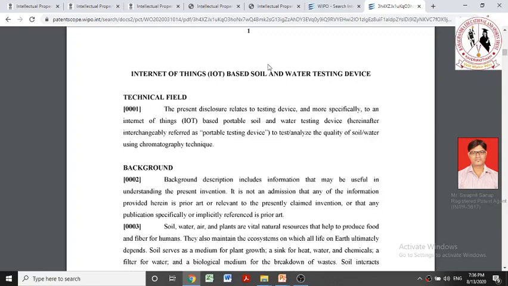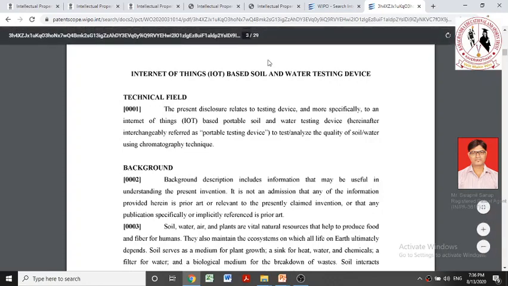By reading the title itself, I am able to understand that this invention is about a testing device, and it is for soil and water, not anything else. And most importantly, this is an IoT based device, right? So the title of the invention is very important and essential, and it will help you understand what the invention is related to.